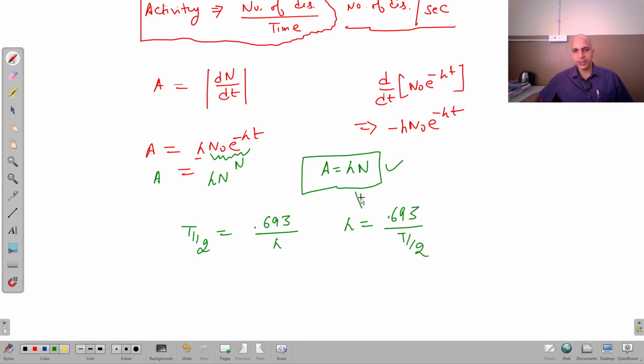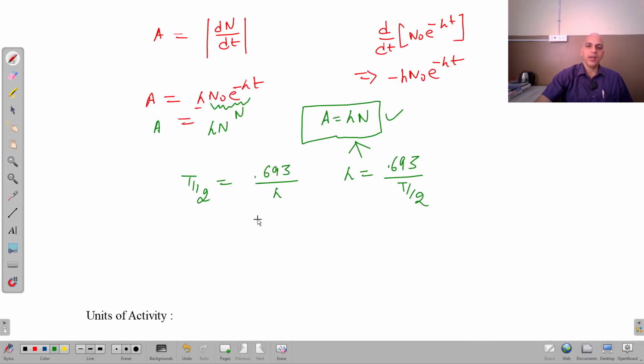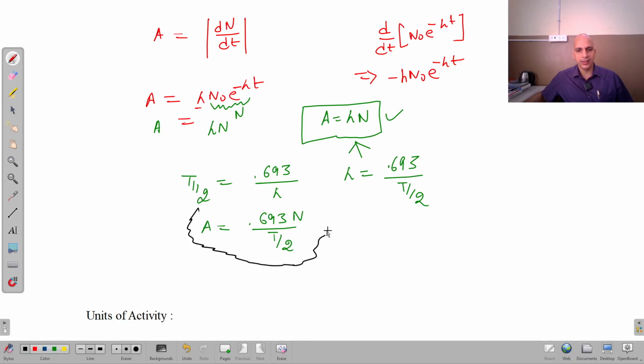If I put it here, I will get activity is equal to 0.693 upon T half into N. This relation tells us that activity is inversely proportional to the half-life period.